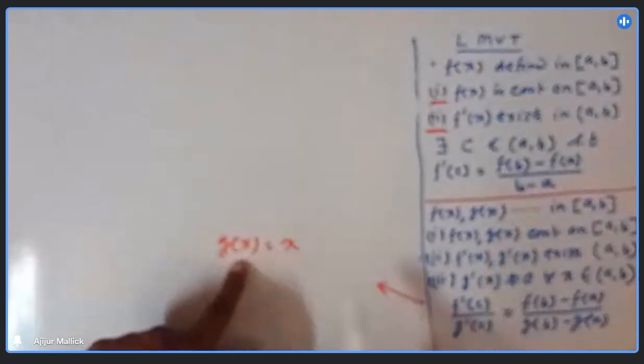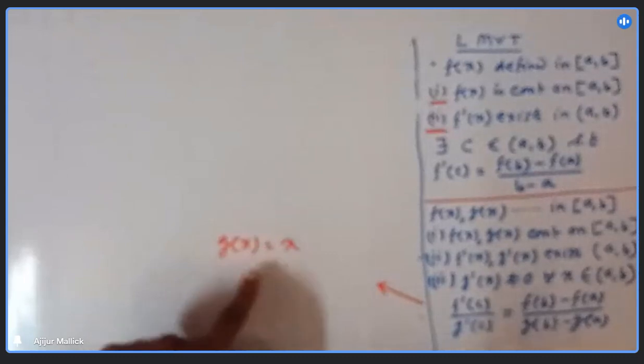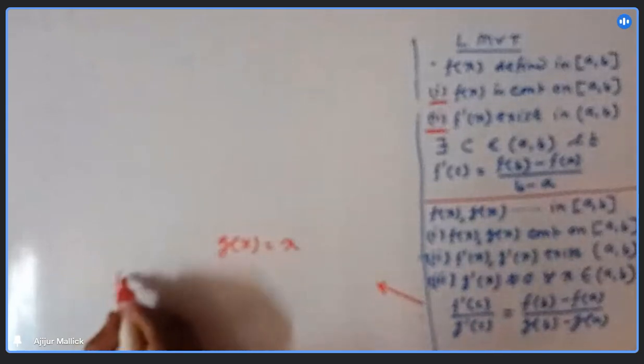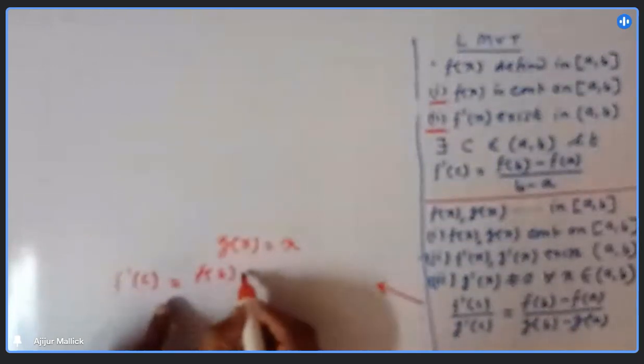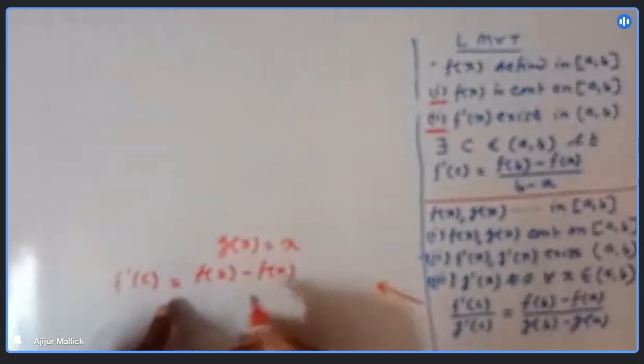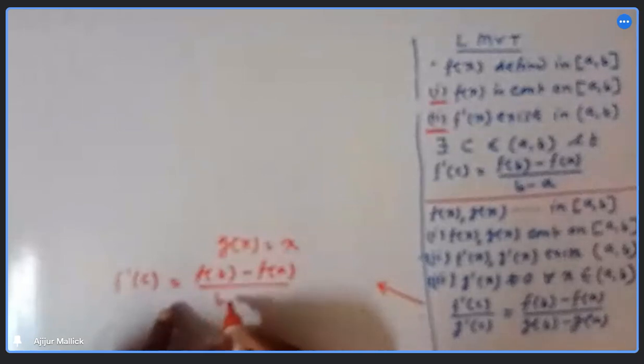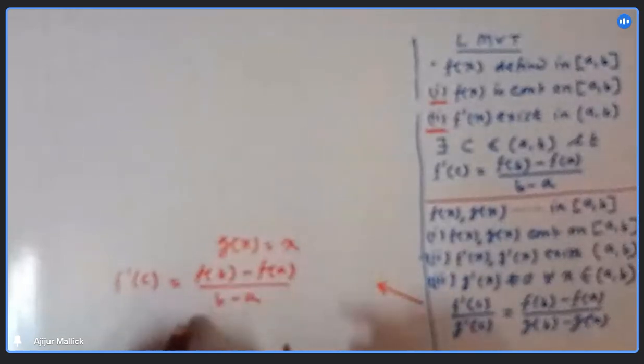In the left side the denominator is 1, so you will get f dash c is equal to, right hand side, f of b minus f of a divided by b minus a.